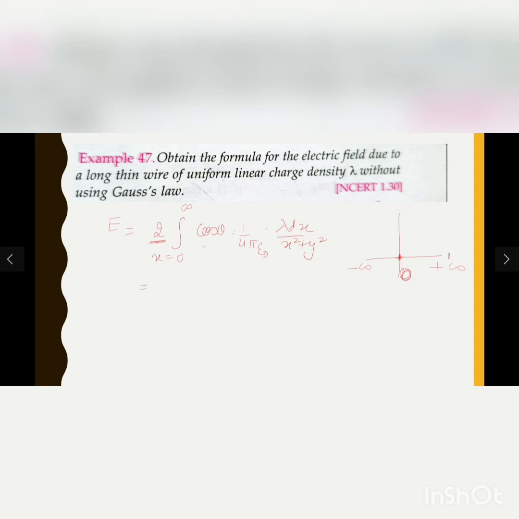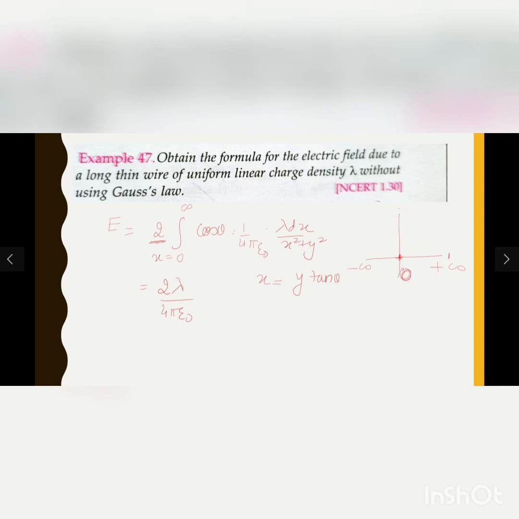Now for the value of cos theta, to account for that, I can take lambda outside, I can take 2 outside, let's get 4 pi epsilon naught outside, and I can take x as y tan theta.